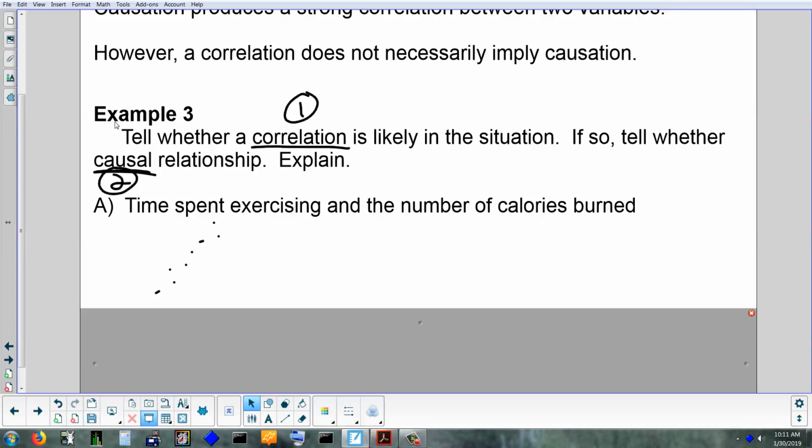For the same exercise, going at the same speed, if one person does it for 20 minutes and another person does the exact same exercise for 40 minutes, they're probably going to burn more calories, assuming the person's the same weight, things like that. So we agree that there's a correlation. Yes. And we agree that more minutes exercising equals more calories burned. That's positive then. So tell whether there is a correlation likely. Yes.